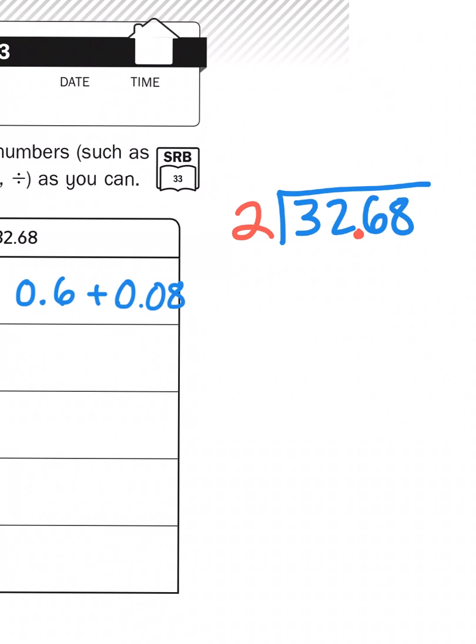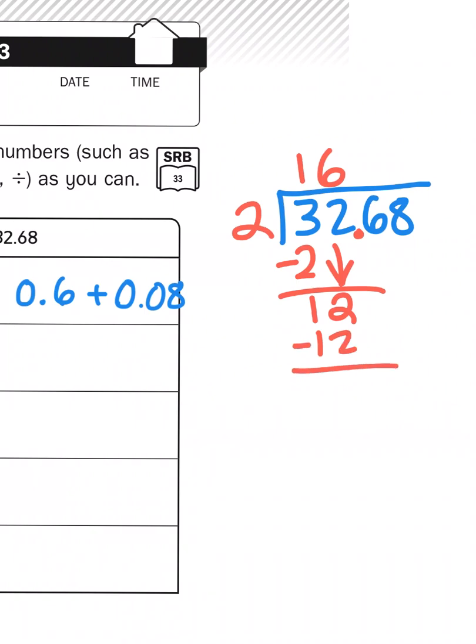Now 2 goes into 3 one time, because 1 times 2 is 2. Subtract the difference, bring down the 2, compare and check to see that 12 is bigger than my divisor, so I'm going to repeat. 12 is divisible by 2 because it's 6 times as big, because 6 times 2 is 12. I bring down the 6, and then I repeat again.